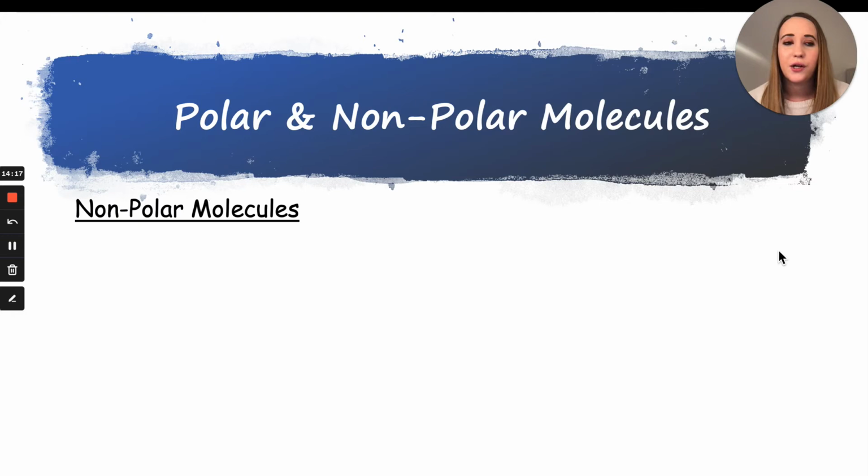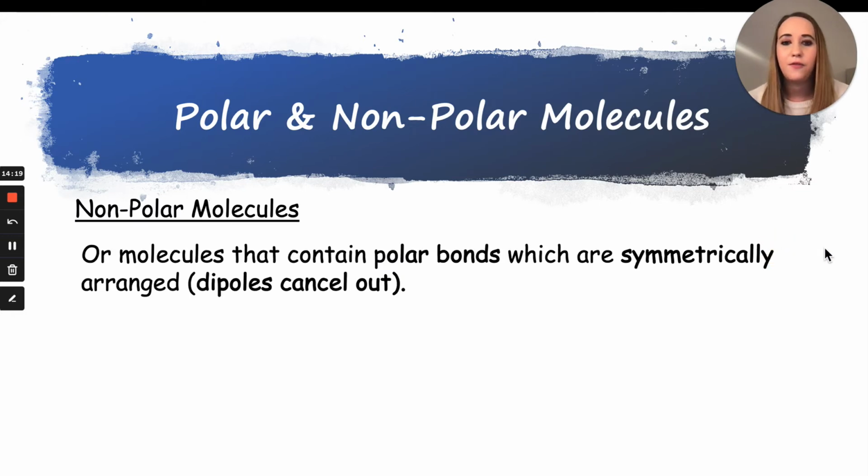The slightly trickier one is if you have a molecule where there are polar bonds, so you do have a difference of electronegativity between the atoms, but the shape of the molecule is such that those bonds cancel each other out. And what we're really looking for here is the shape to be symmetrical.